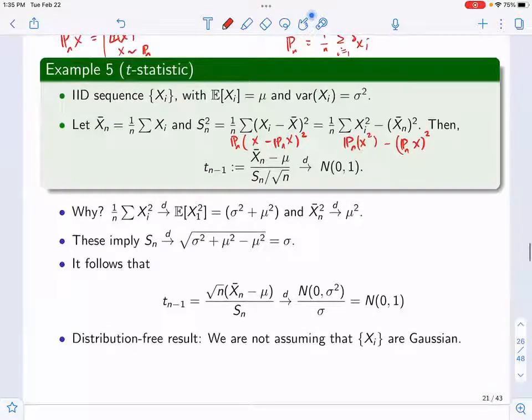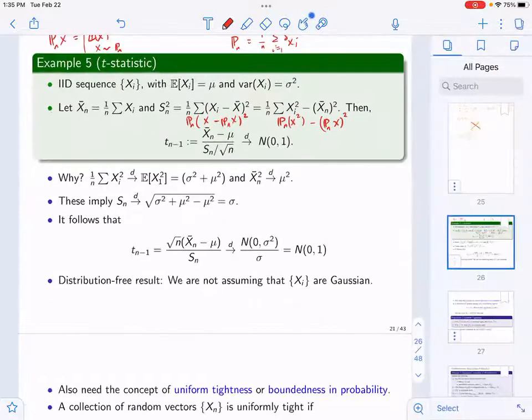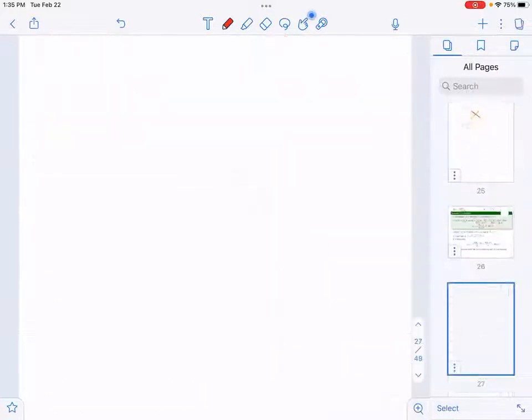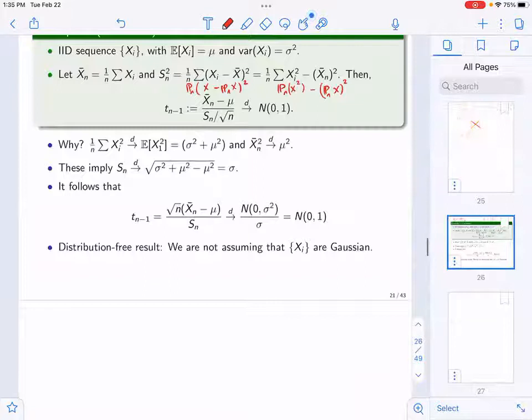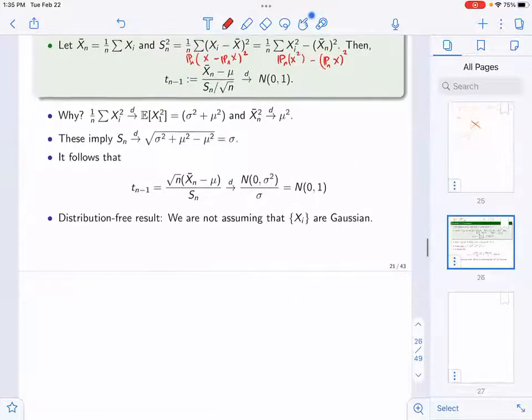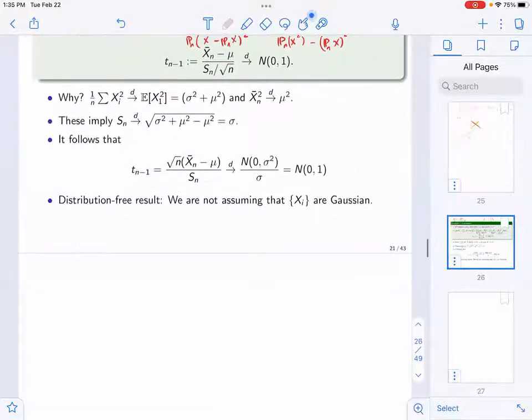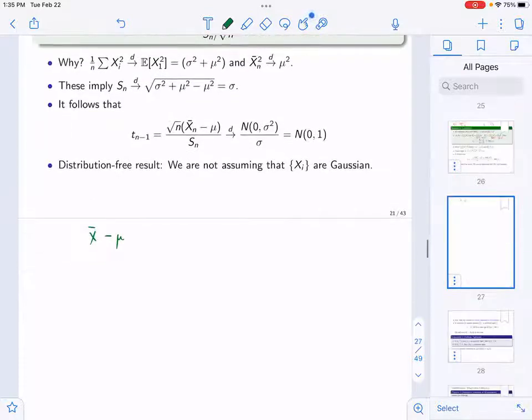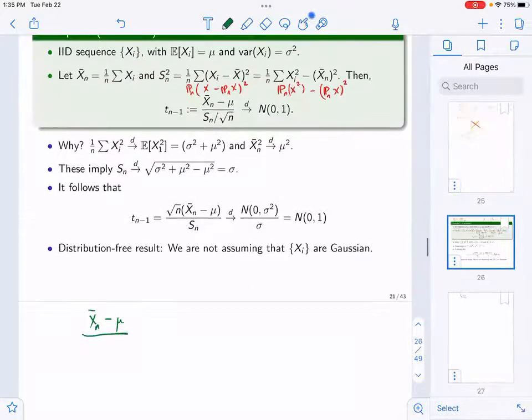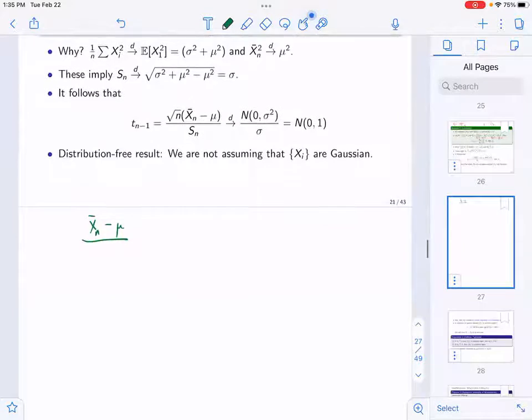Now I'm going to form this statistic, which is T. If you've taken any basic statistics course, you know about the t-test, things like this. The T statistic would be Xn minus mu. Actually, this is not the statistic, but this is how you get to the statistic. So you want to test whether mu is 0. This is what you do.